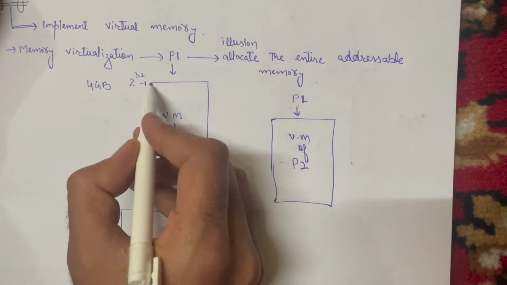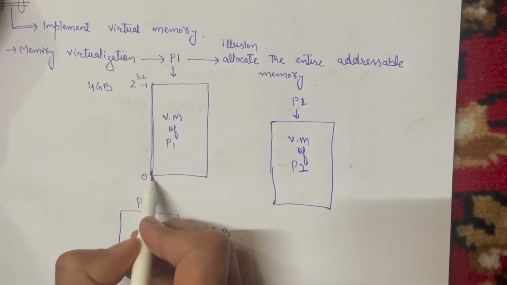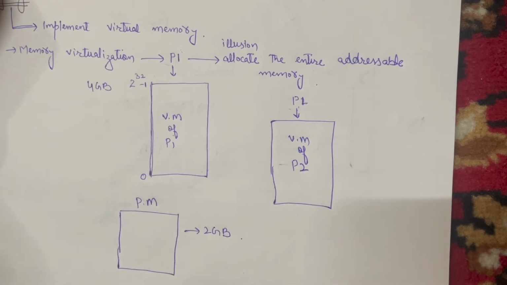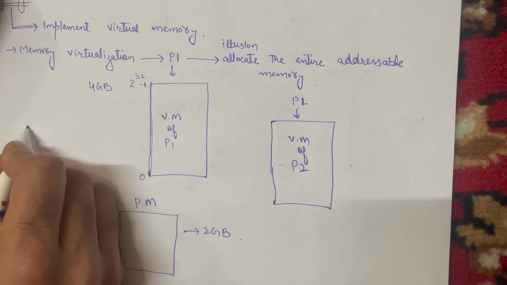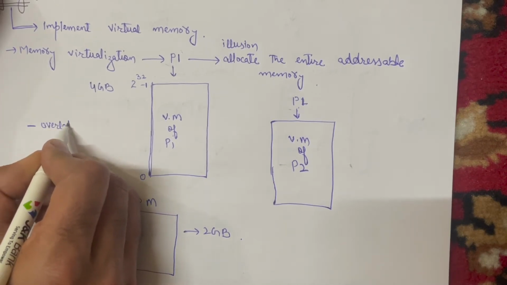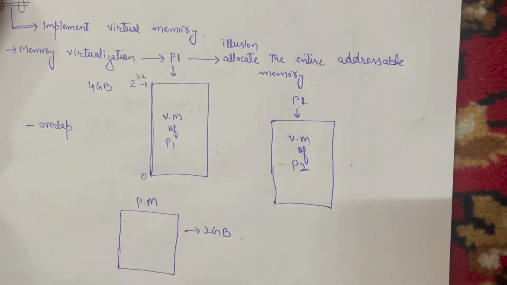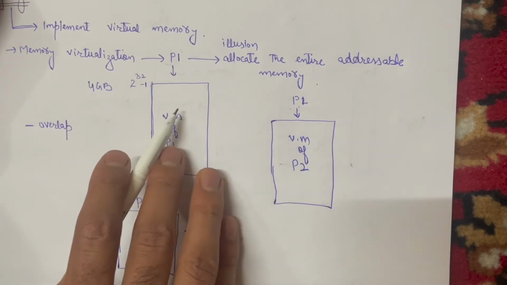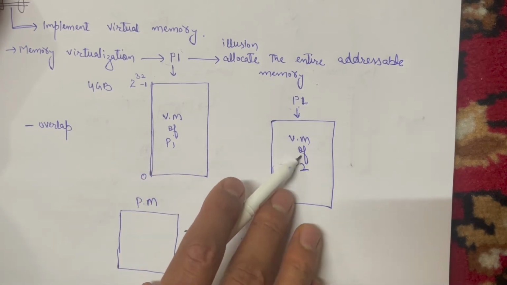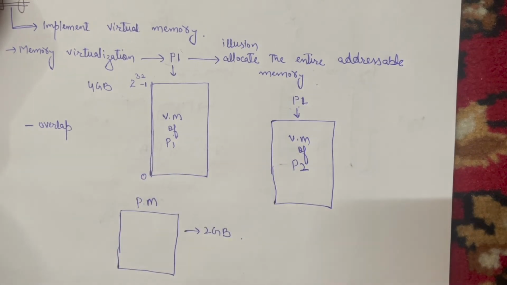But it is not possible to keep the entire virtual memory space of these processes in the primary memory, because we need two things. The first is that there should not be overlap between these processes in the physical memory. Overlap means that one process should not interfere with the memory allocated to another process.